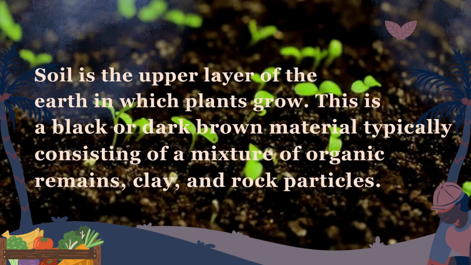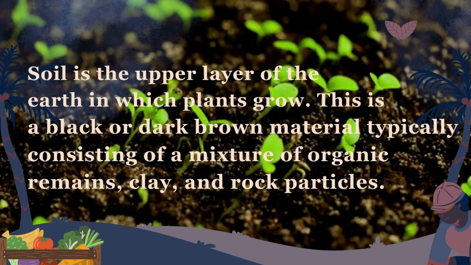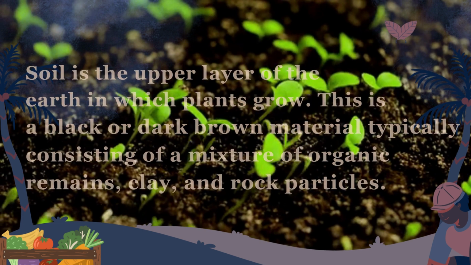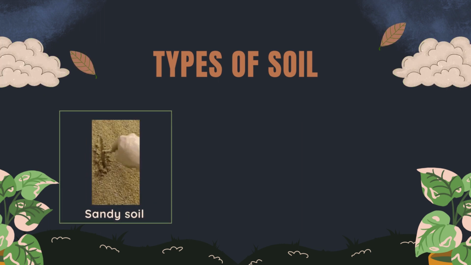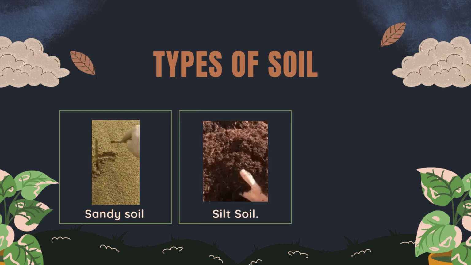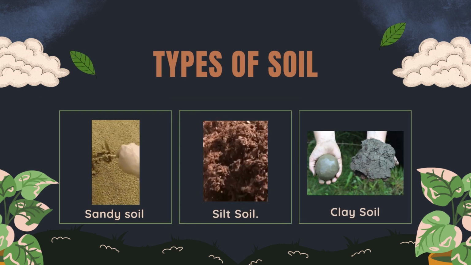Soil is the upper layer of the earth in which plants grow. This is a black or brown material typically consisting of a mixture of organic remains, clay, and rock particles. Soil is classified into 4 types based on its texture. We have sandy soil, silt soil, clay soil, and loamy soil.